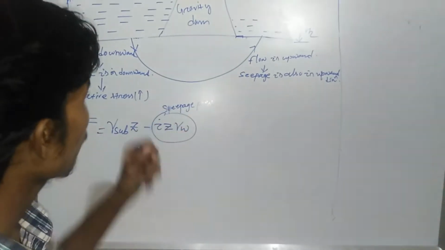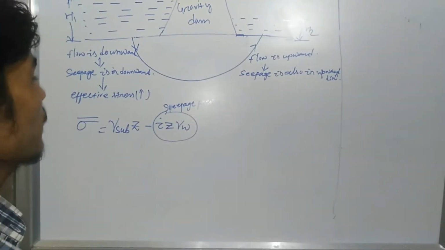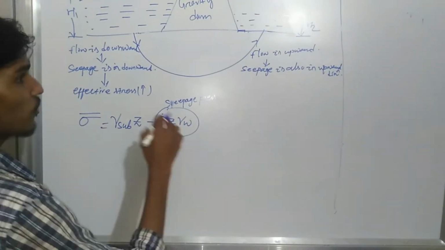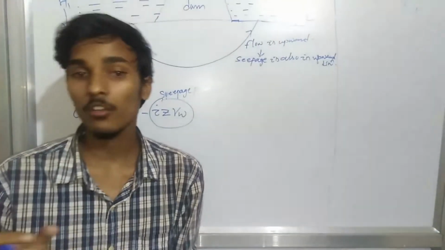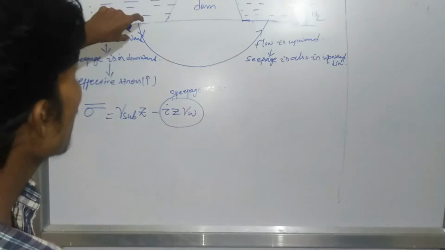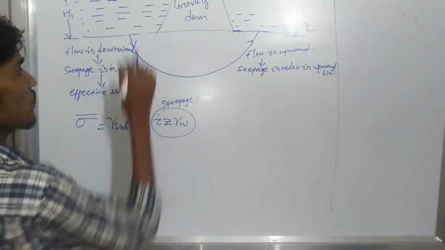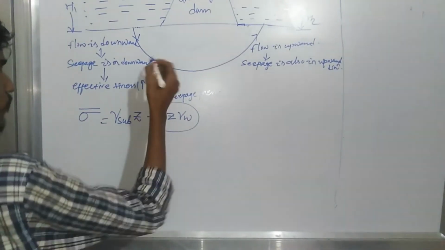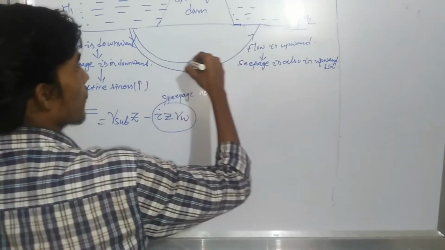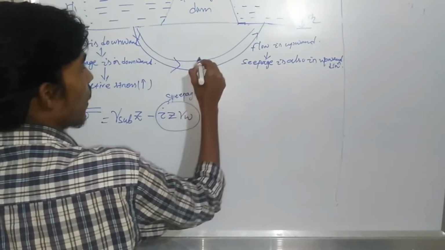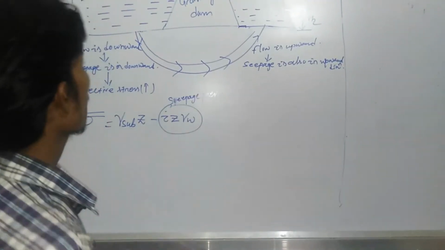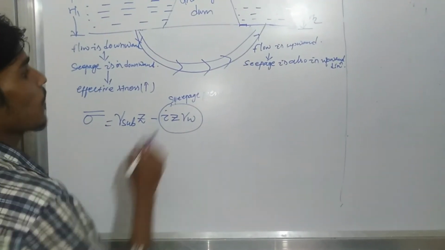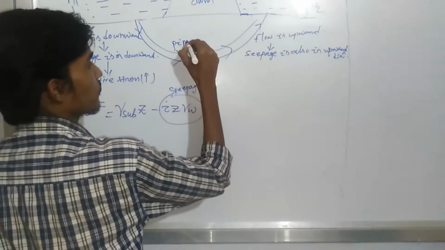When the flow length decreases, the hydraulic gradient increases, which makes more discharge or more velocity. That's why it creates a pipe-like wide open structure, which is known as piping.